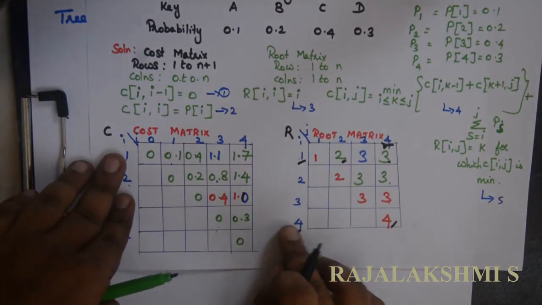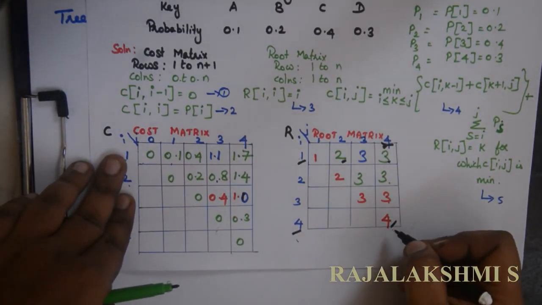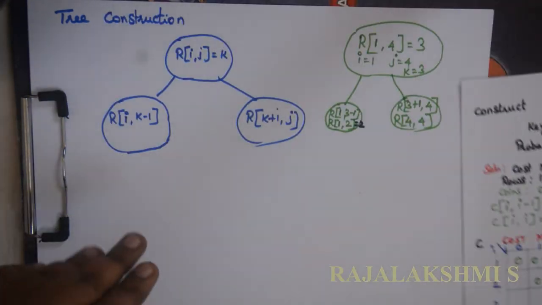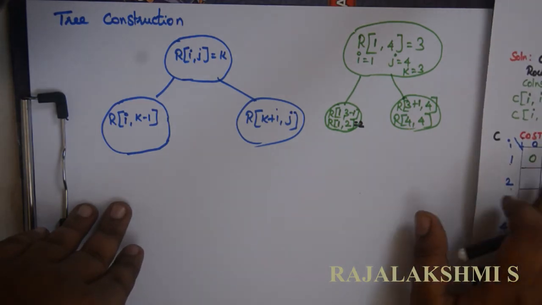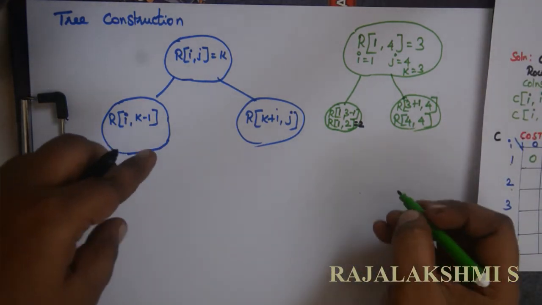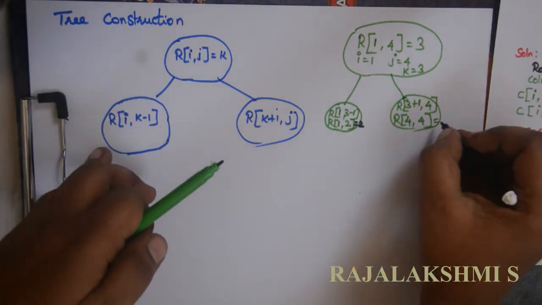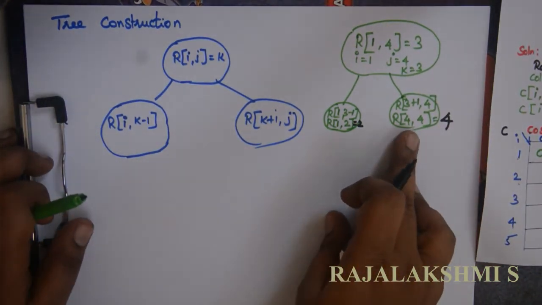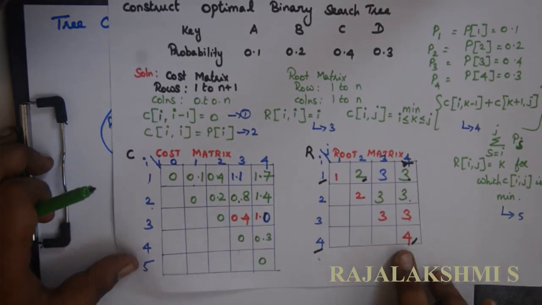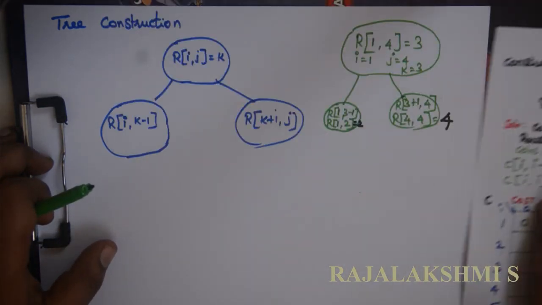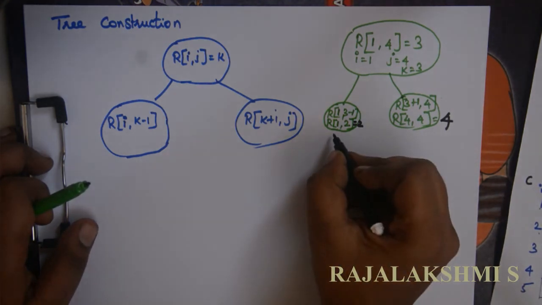When we reach the bottom rightmost corner, we can stop iterating that node because we have reached the last level in the matrix. So r of 4 comma 4 is 4, and there is no need to expand this node because it represents the last cell in the matrix. Now we have to expand this other node alone.